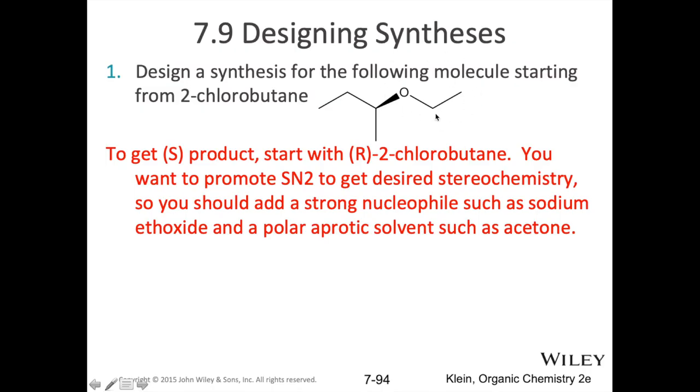If we want to get exclusively this product, we'd prefer an SN2 mechanism to encourage that stereochemistry. If we use an SN1 mechanism, we'll probably get a mixture of products, which is not helpful from a synthetic standpoint, because that lowers our yield of the product we want. So we want to encourage SN2.